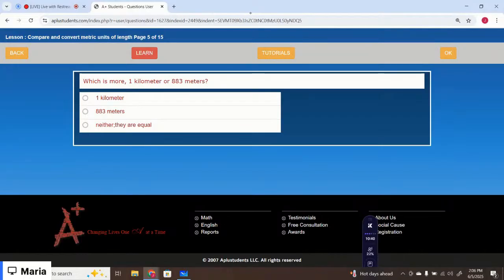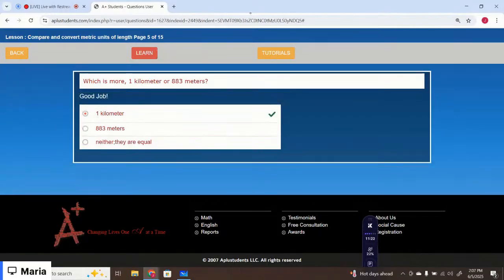Which is more, 1 kilometer or 883 meters? Which is the correct option? 1 kilometer is more than 883 meters because 1 kilometer is equal to 1,000 meters.